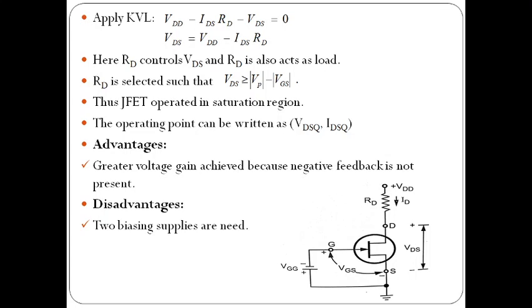So the operating point can be written as VDSQ, IDSQ, similar to VCEQ, ICQ in BJT amplifier circuits.